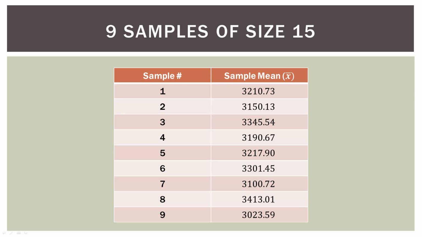So our first sample had a sample mean of 3210.73, which we already talked about. Our second sample had a mean of 3150.13, and so on and so forth. So each sample is comprised of 15 separate measurements. So we just do the sampling process multiple times.